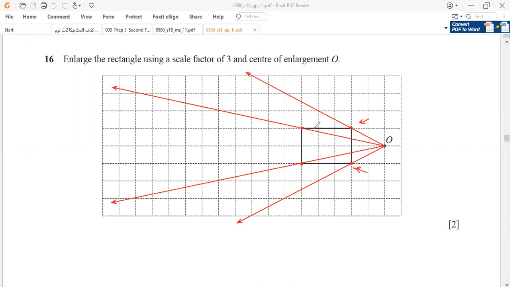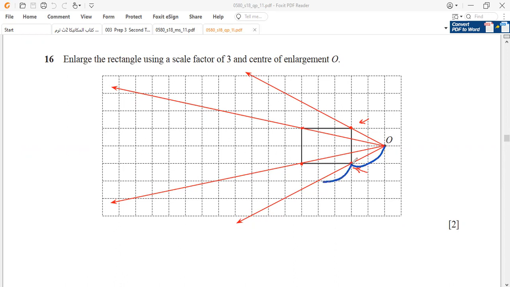Now we need the scale factor 3. You can observe here this distance, we will triple it. 1, 2. Here we took 2 squares.